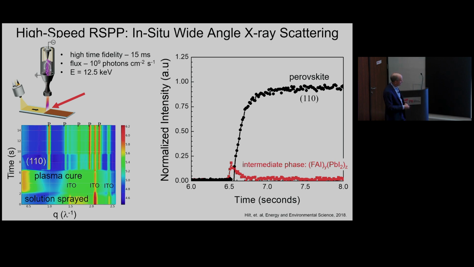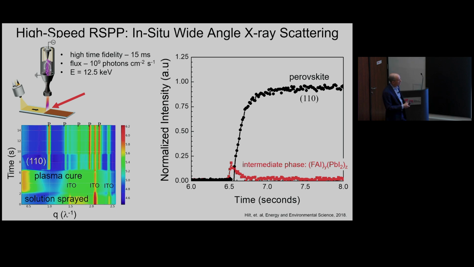Here you can see the substrate, which is showing an ITO peak, because it's an ITO-coated glass. And here we spray on the solution, and you can see that the ITO peaks become less apparent because there's now a precursor solution. And this is when the plasma arrives.